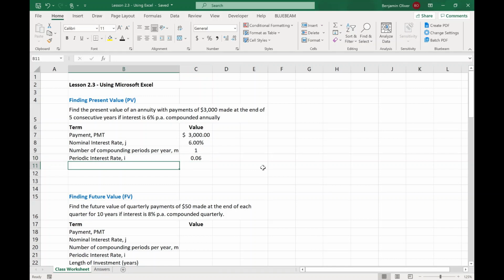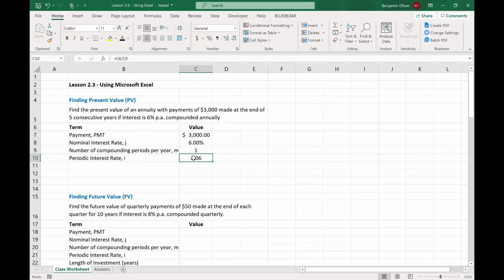So I'll press enter there. And you see it comes up as 0.06, even though this looks like it's going to be 6 divided by 1. But because this cell is formatted as a percentage, it knows that is 6% or 0.06.